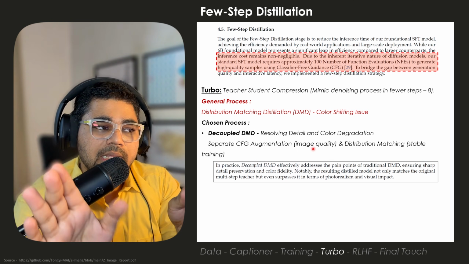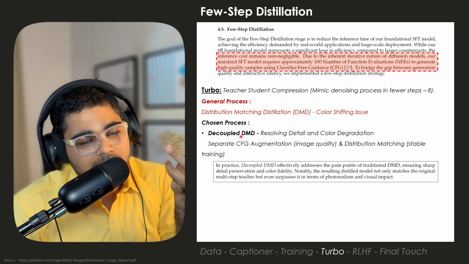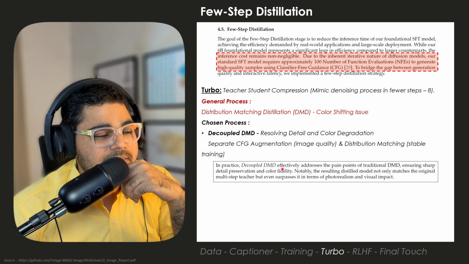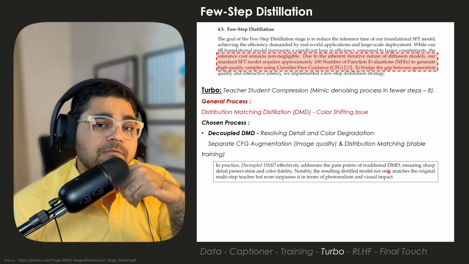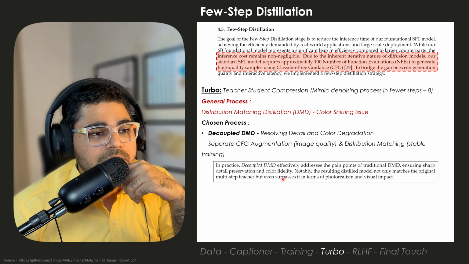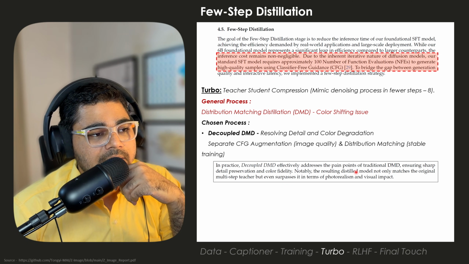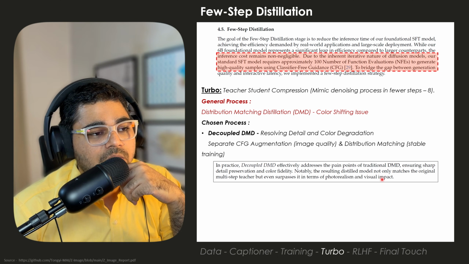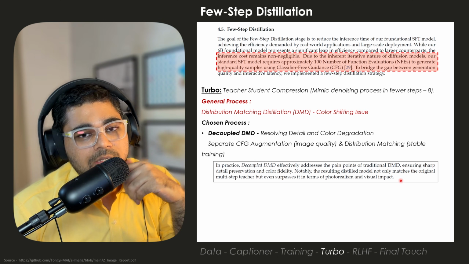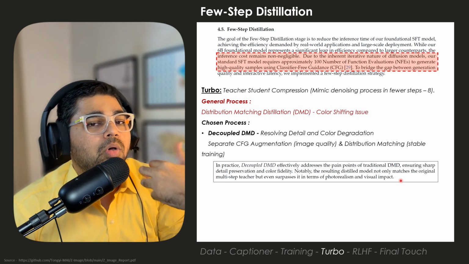So the image quality and stable training happens separately, and that's why it is called decoupled. So if you read further, it says, in practice, decoupled DMD effectively addresses the pain point of traditional DMD, which is generally what a distillation model uses, ensuring sharp detail preservation and color fidelity. Notably, the resulting distilled model not only matched the original multi-step teacher, but even surpassed it in terms of photorealism and visual impact. So because they used this separate DMD, they were able to get a higher quality model.